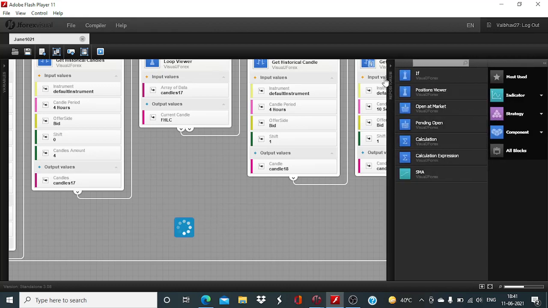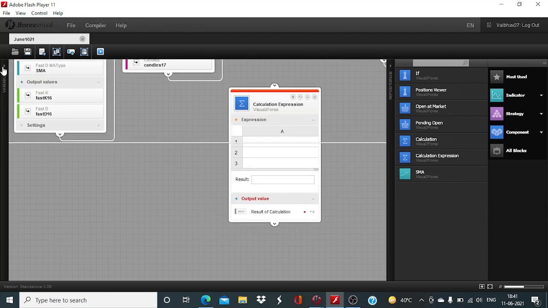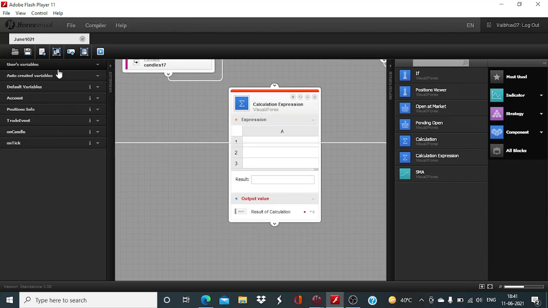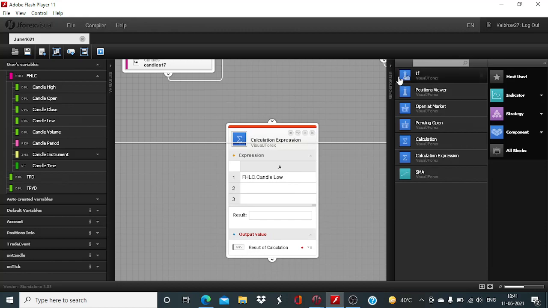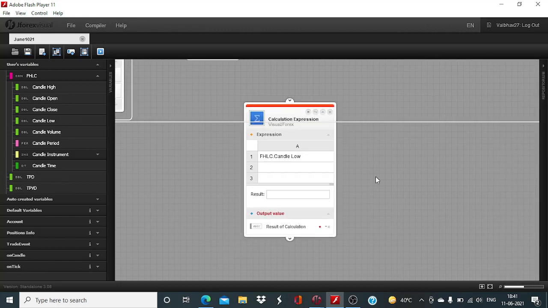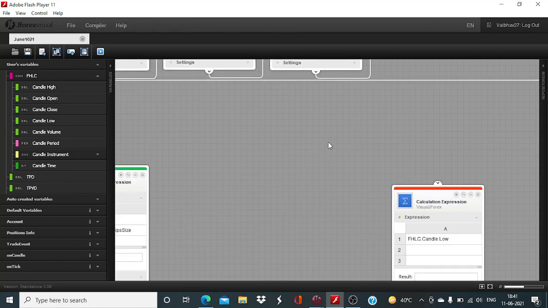So here comes the calculation expression. And 10 pips we have already defined.